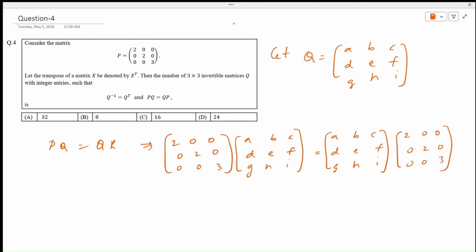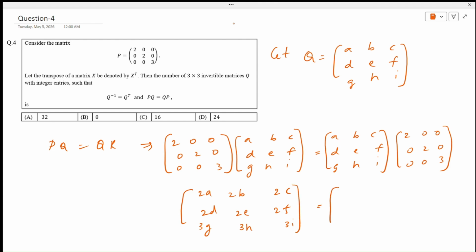So here we'll get 2A, 2B, 2C, 2D, 2E, and 2F, 3G, 3H, 3I.